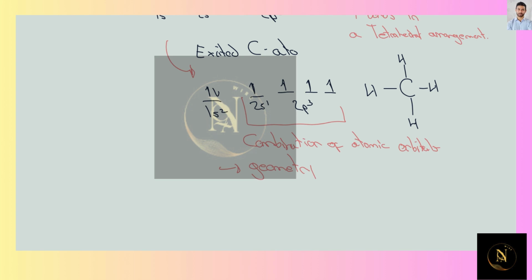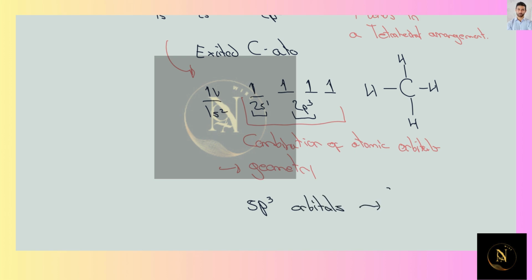So, whatever the geometry we're going to have, this is going to be the one responsible for the combination of atomic orbitals. In this case, since we're combining one s orbital with 3 p orbitals, these combined orbitals are going to be named sp3 orbitals.